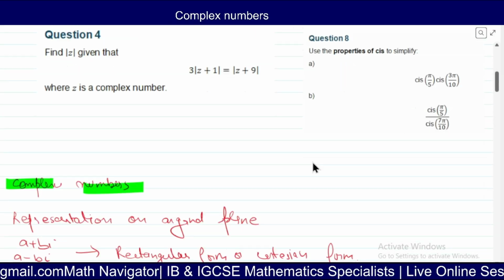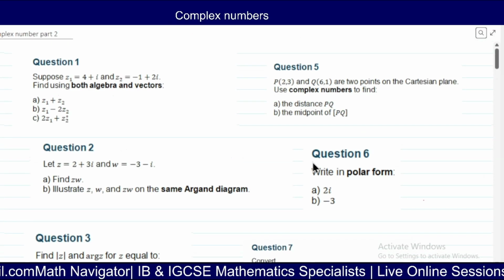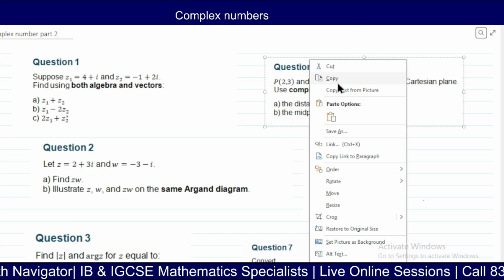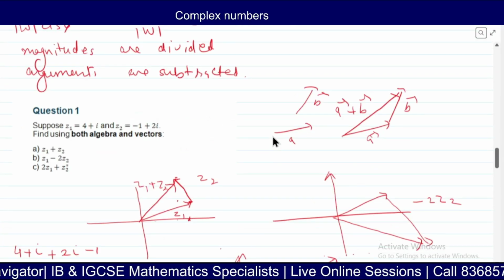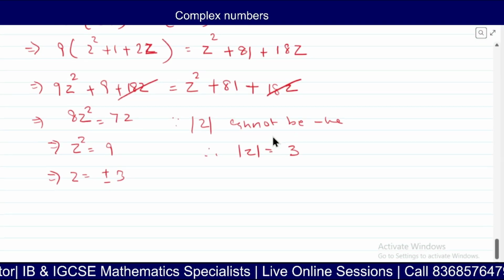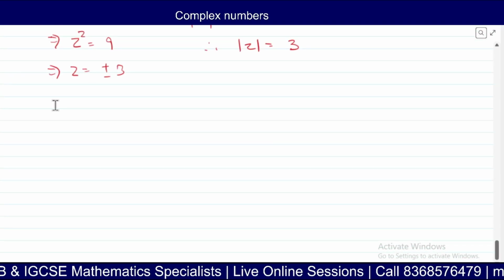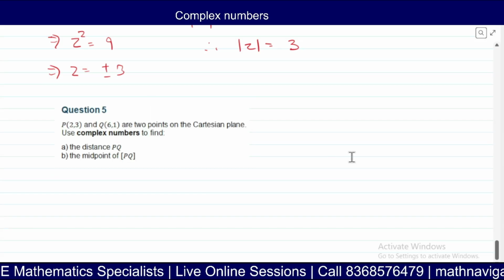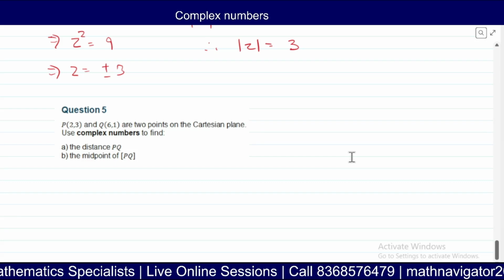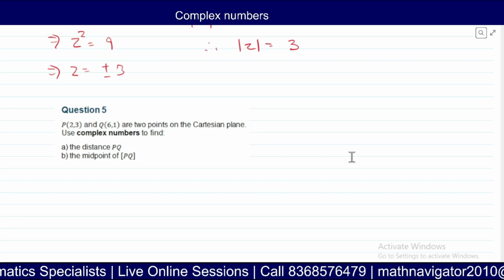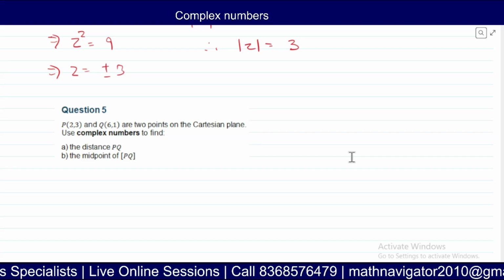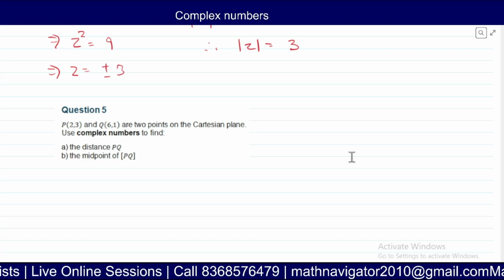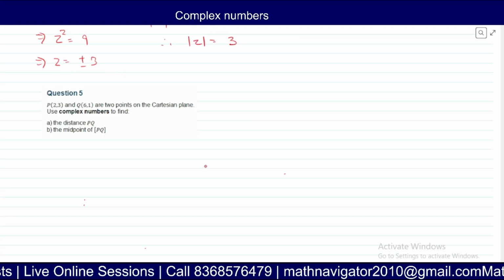Let's move to the next question. So basically, this question is a very simple question, like we have already done in coordinate geometry, the distance formula and the midpoint formula.